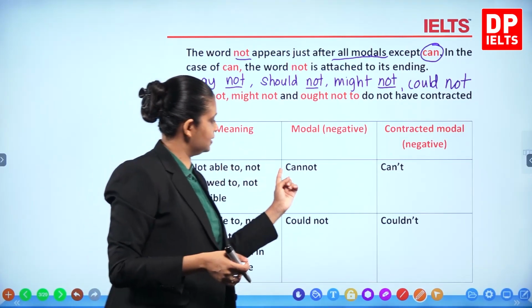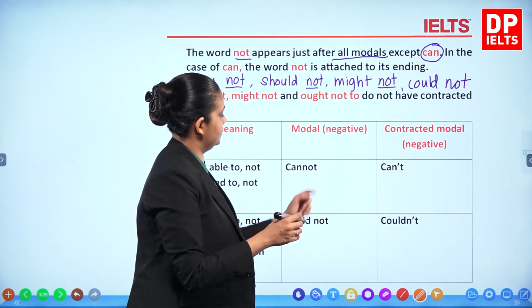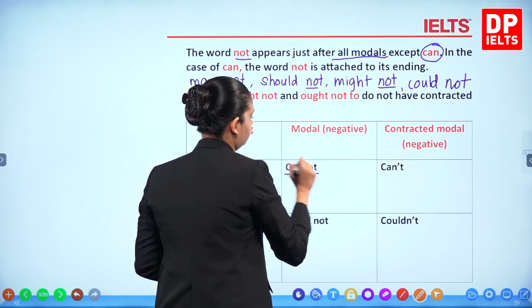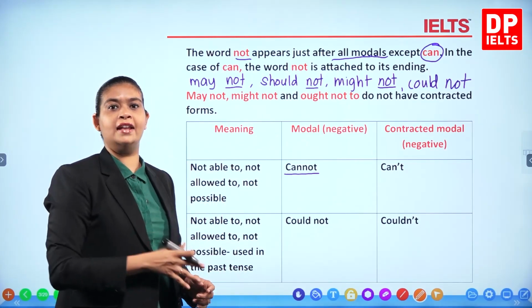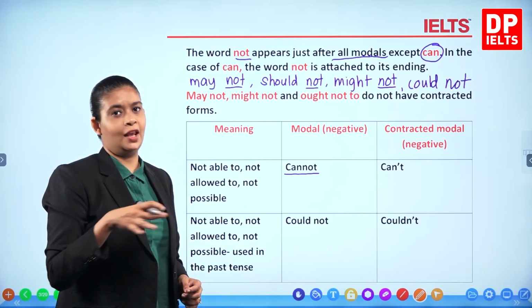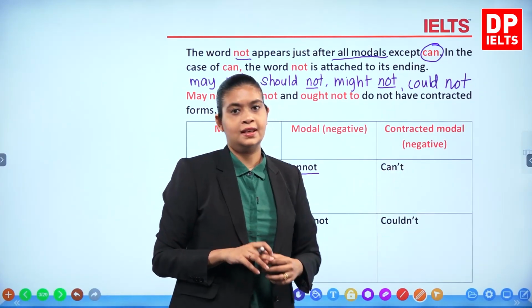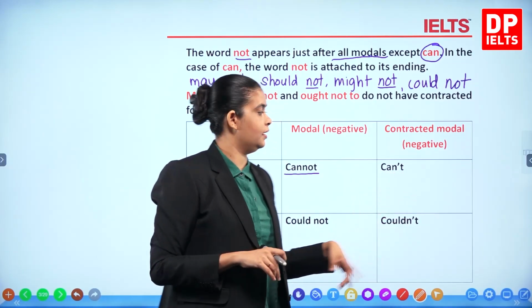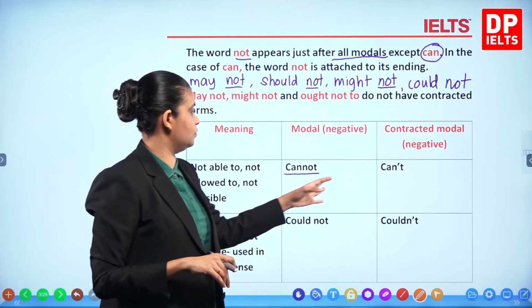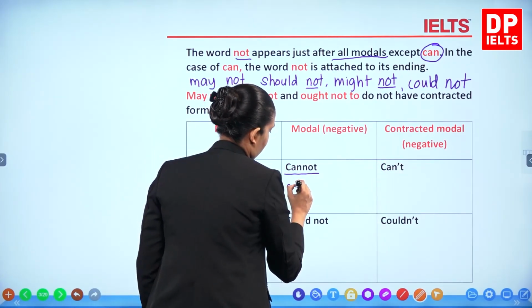It is just an ending of the same word, like this. Can you see? It's written together. Cannot. We don't say can not, we just say cannot. And the contracted form is can't. You don't necessarily need to write this in capital letters. You could just write it in simple letters.